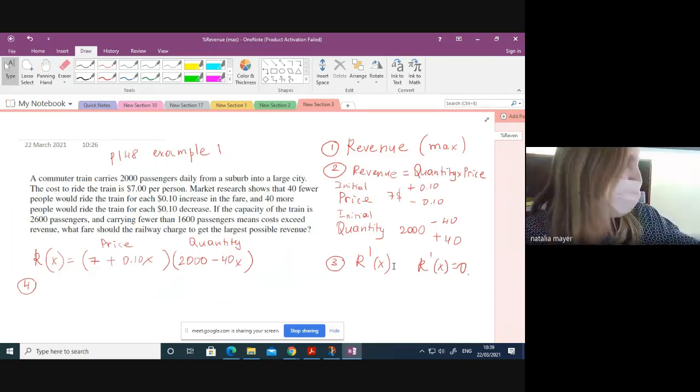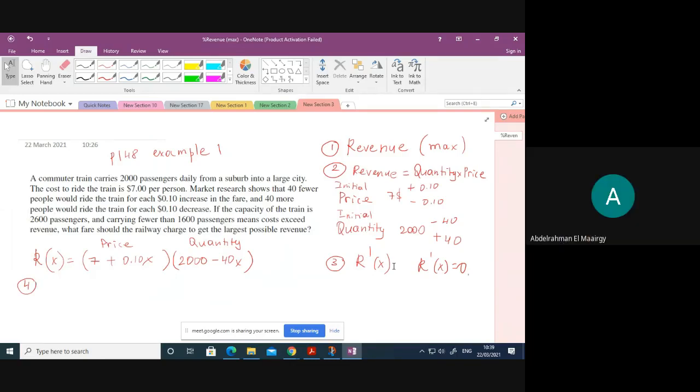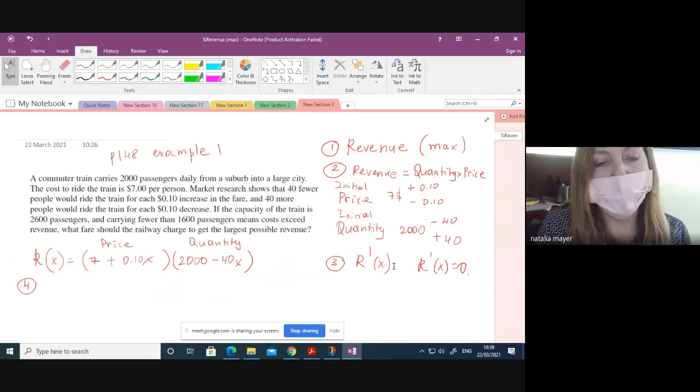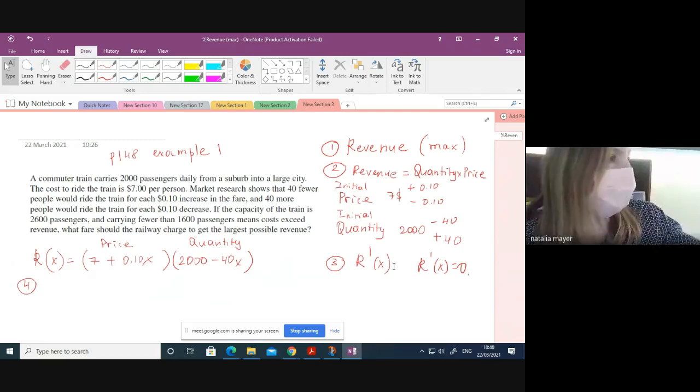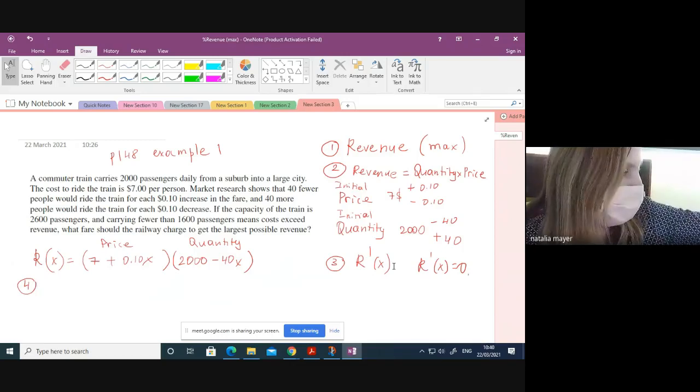It's 2,600 passengers. Only the interval from 0 to 2,600. And 1,600 also. So let's formulate it. x is greater than or equal to 1,600 and less than or equal to 2,000.